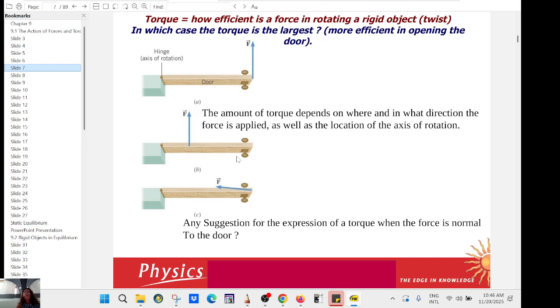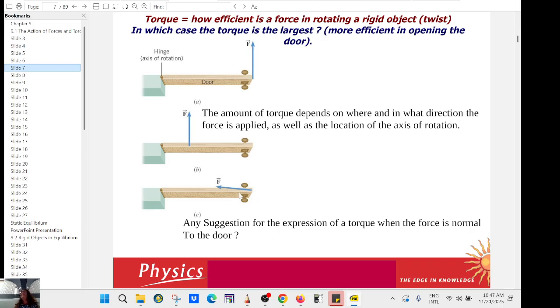So the torque should be force times the distance between where you are applying the force and the axis of rotation. In engineering or physics, when you have an equation, you multiply or divide depending on the dependence. It depends on the force, so I'm going to multiply force times distance.